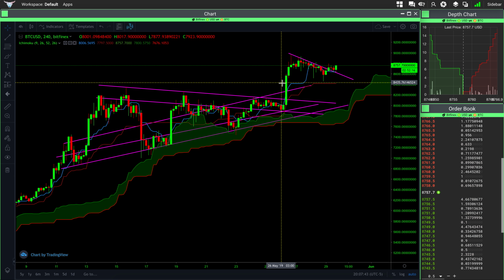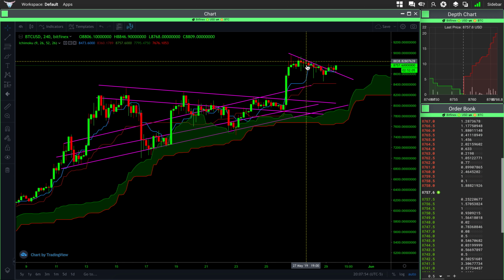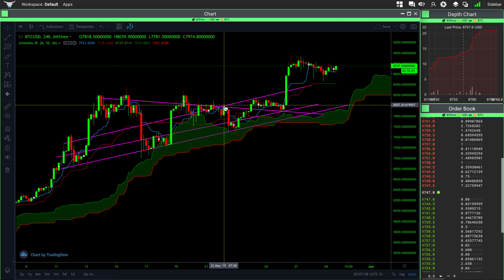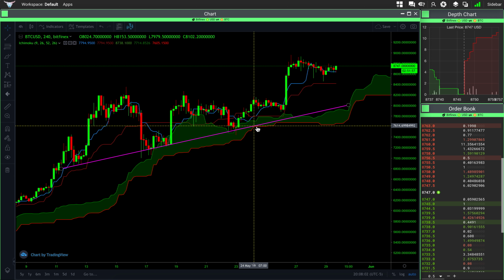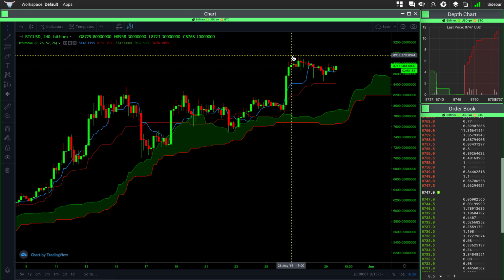So that's just a couple ideas of the thinking process through here and identifying some of this. Now that we've covered a little bit of diagonal resistance and support, let's look at some horizontal. Let's ask ourselves this while I'm clearing these out: why did this hit this and get rejected?